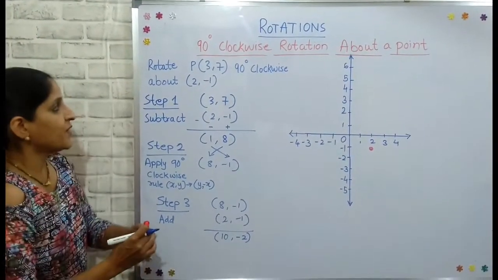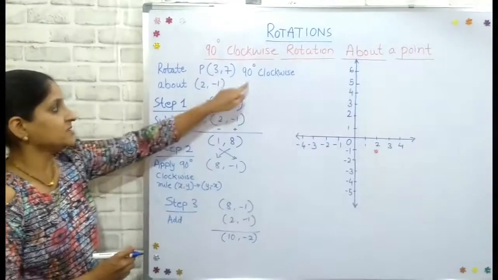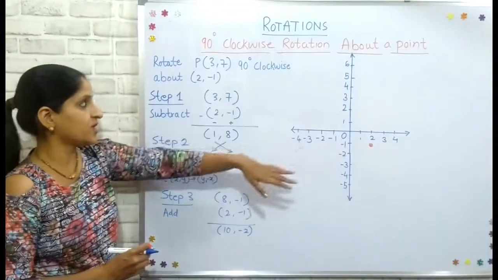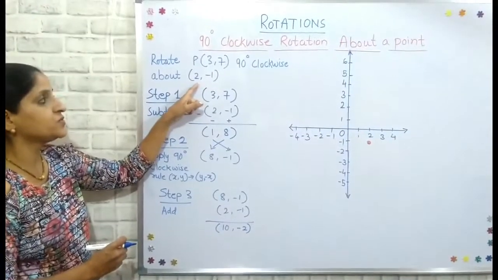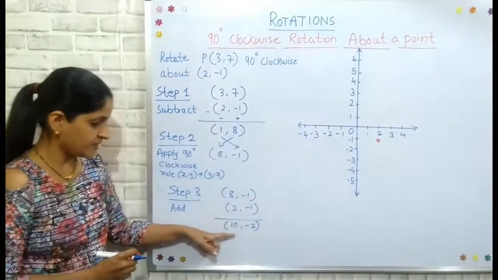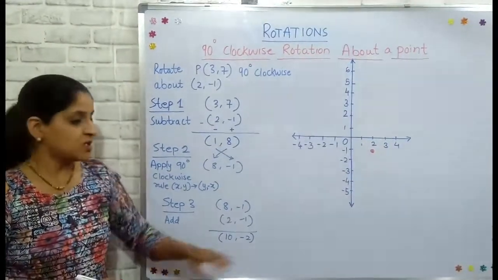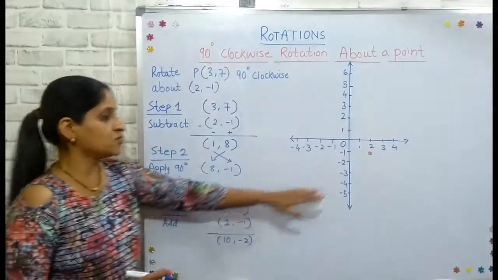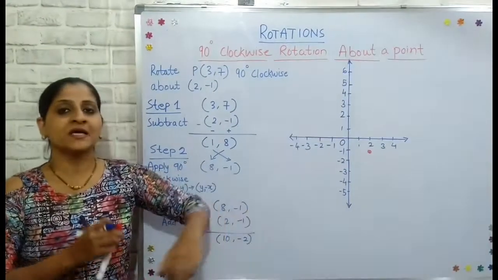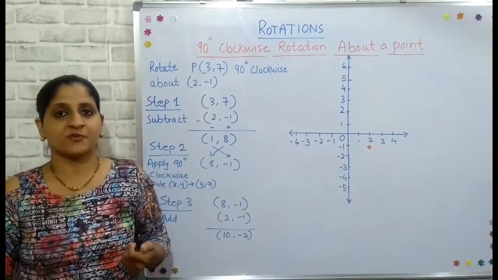So my point 3, 7 originally, after 90-degree clockwise rotation about the point 2, -1, will ultimately become the new coordinates 10, -2. So we have to plot these 2 coordinates on the quadrant grid and complete our transformation.